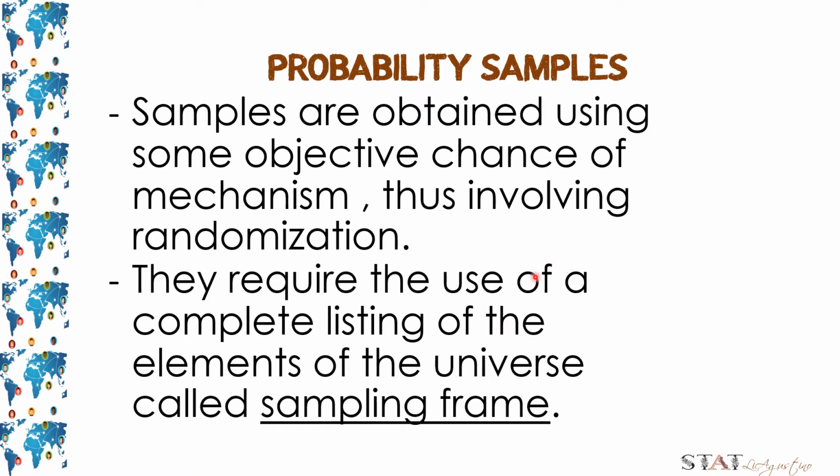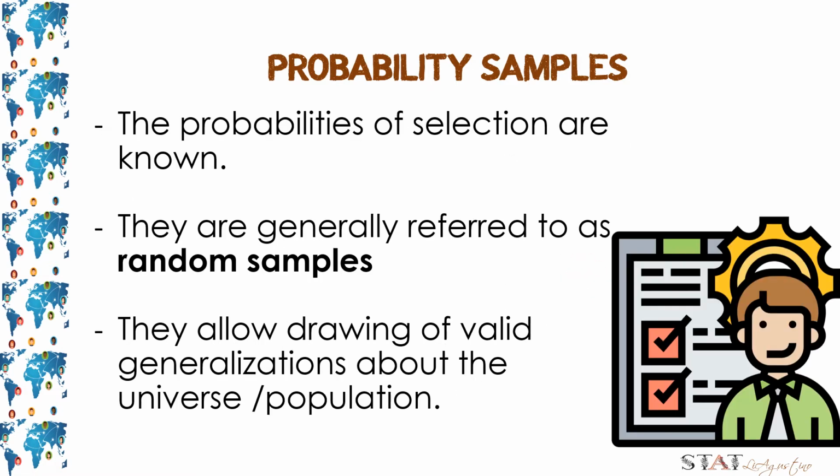In other words, everyone has a chance to be selected, and the probabilities of selection are known. For example, I will only choose 3 students out of 10. If I'm one of them, I will have a chance of 3 over 10 of being selected.